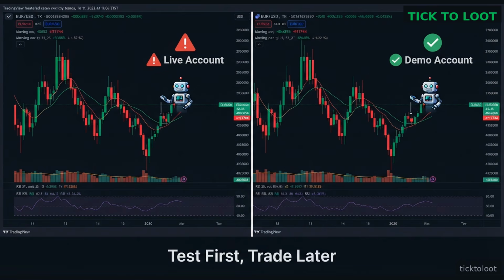Let's walk through a concrete example. Suppose your euro to US dollar bot is programmed to buy when the price crosses above the 20-period moving average and is set a stop loss 30 pips below the entry. You upload the code to a broker's demo platform and watch it run for a week. During that time, the bot opens 10 trades, 3 of which hit the stop loss and 7 that close in profit.